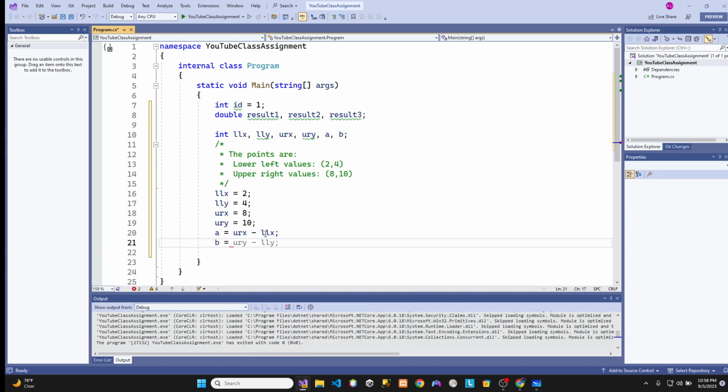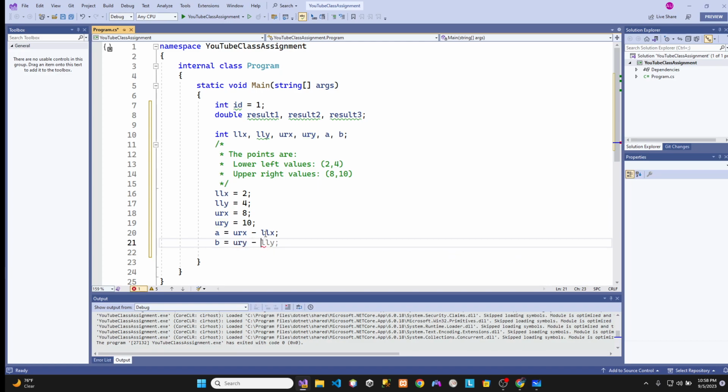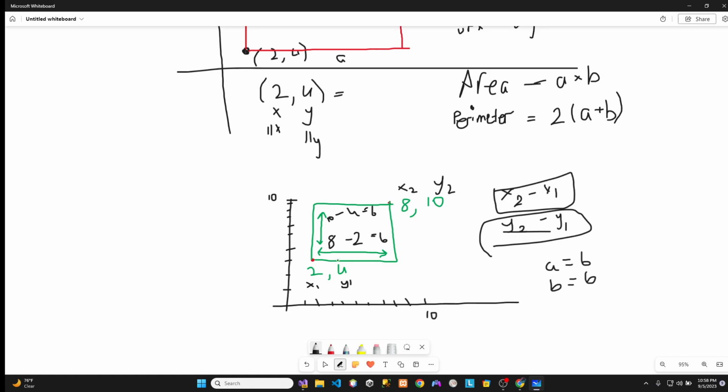B equals ury minus lly. So this is what we did here. This is the upper right x, lower left x, lower left y, upper right y. Just don't forget this.